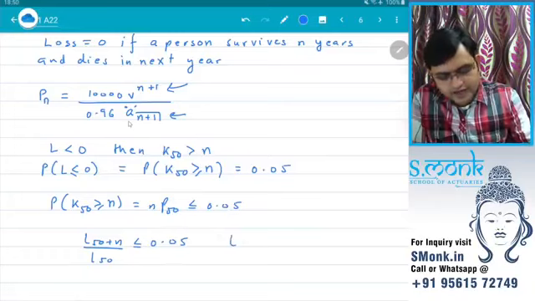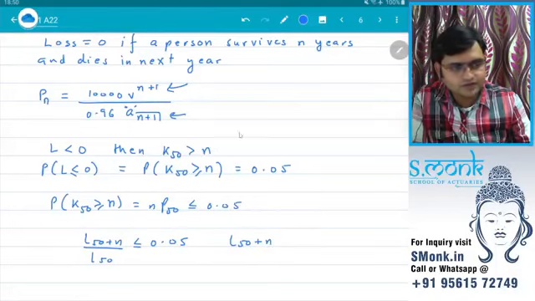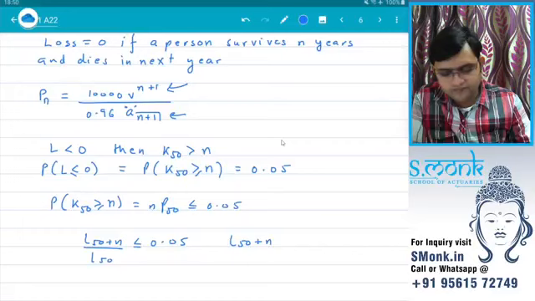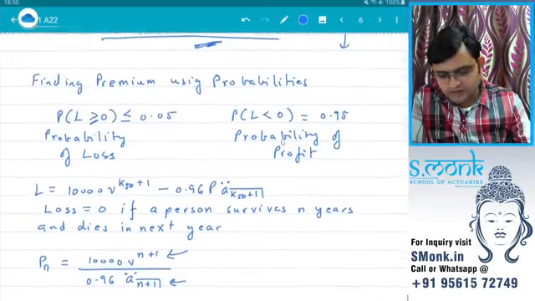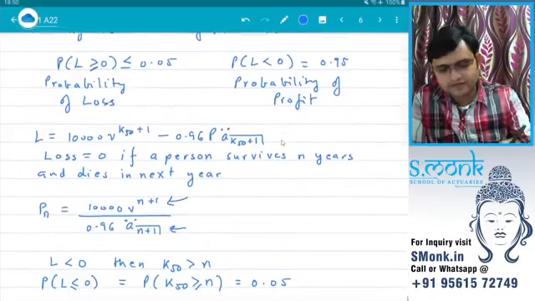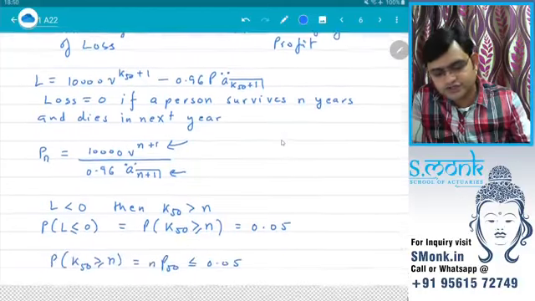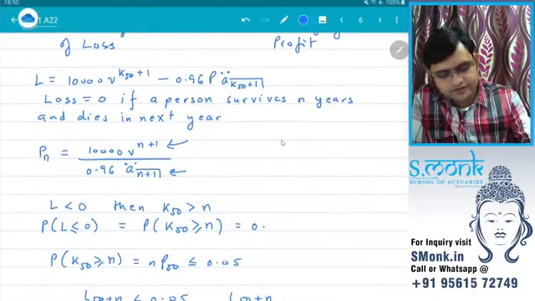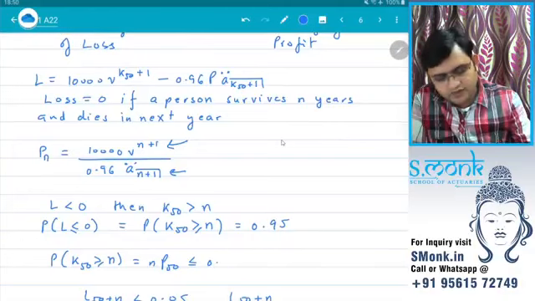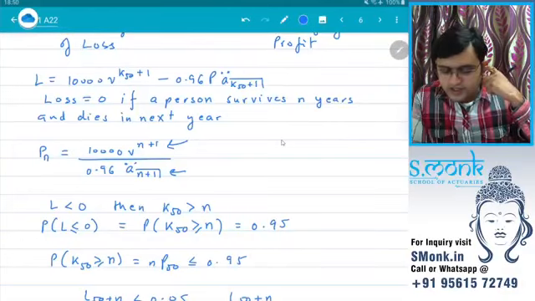L50 plus n. Okay, here is the problem. The probability that loss is less than 0 is 0.95, not 5%. It is 95%, right?